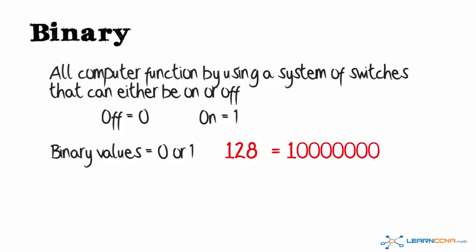In other words, 1 followed by 7 zeros in binary, and I'm going to explain in a moment how I got to that value. But notice it's either ones or zeros. These values will be used in combinations, but essentially everything in binary boils down to either a 0 or a 1.